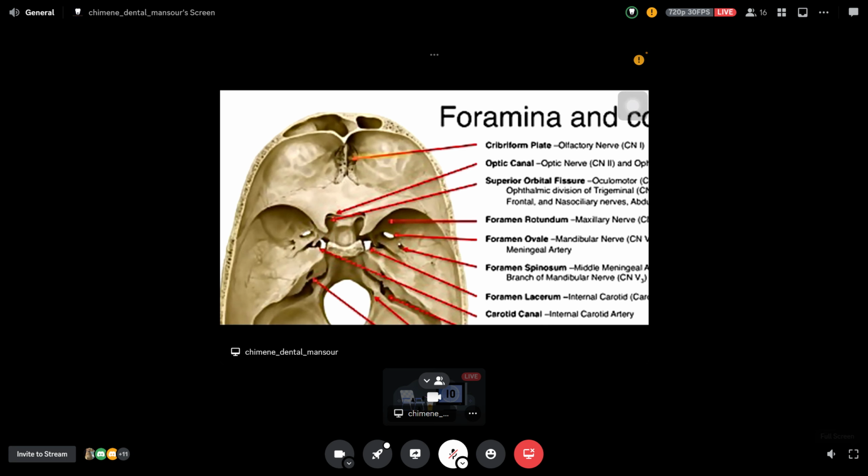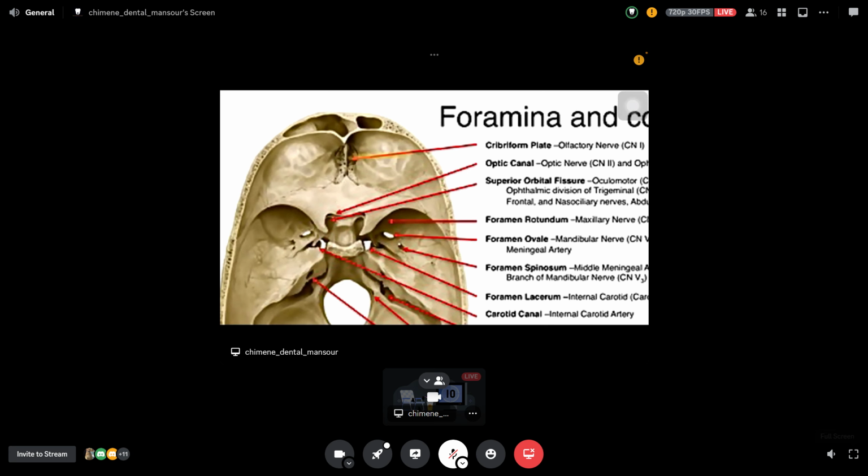The cervical vertebra number 1 is the atlas, and the second one is the axis. This is also the same pictures. Here I uploaded the picture for the inferior cranial fossa. It will be very helpful for tomorrow and for the final exam also.